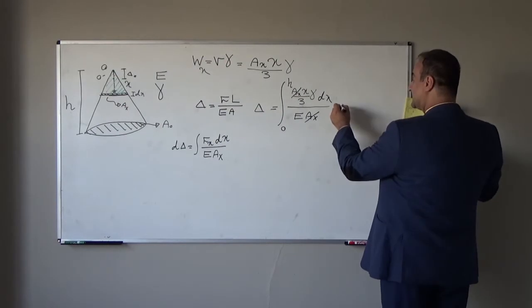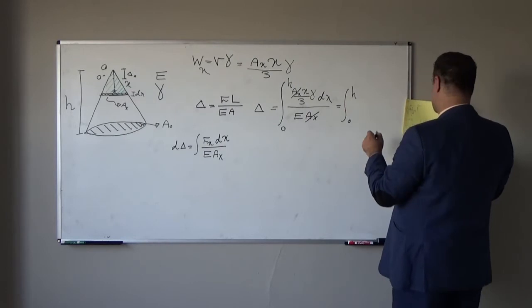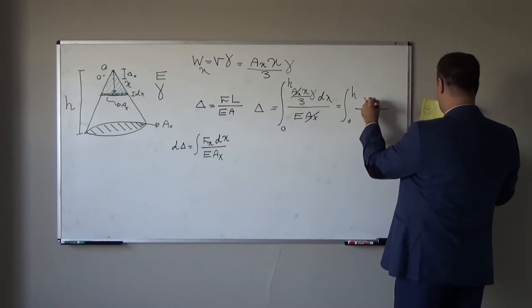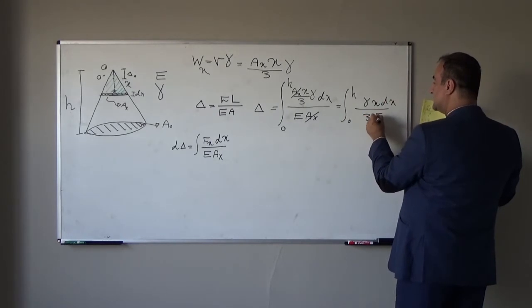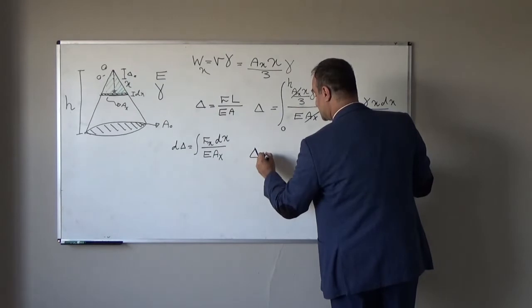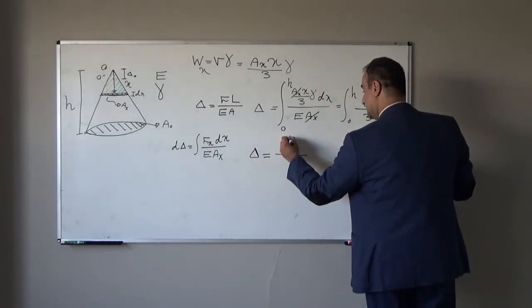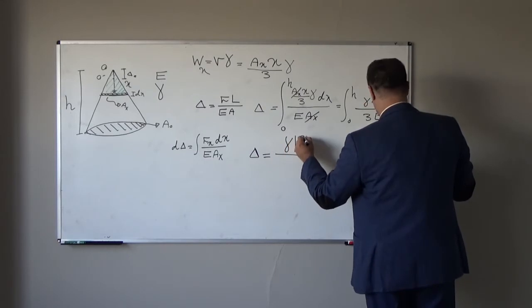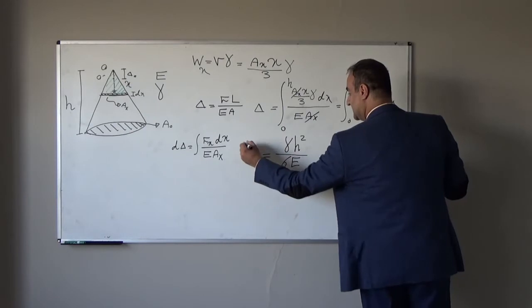And after that I can write integration from 0 to h, gamma x dx over 3E. If I do this integration, delta will be equal to gamma h squared over 6E.